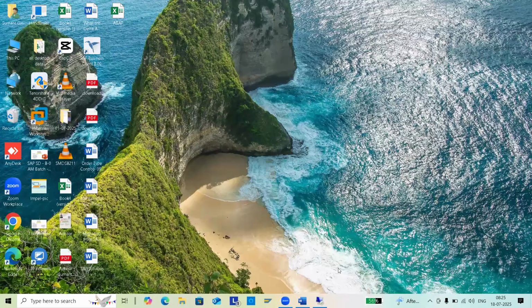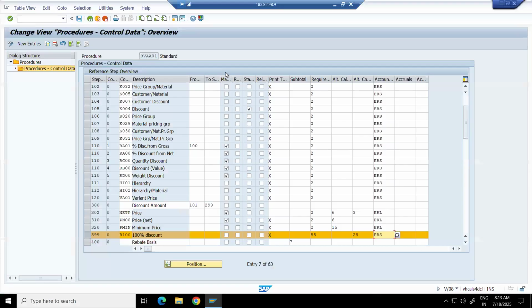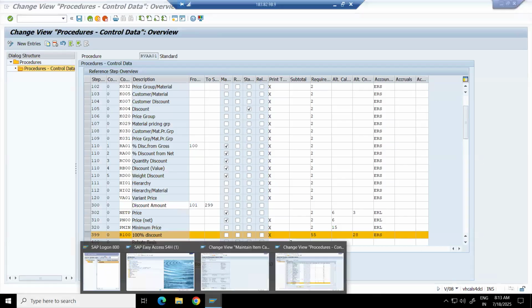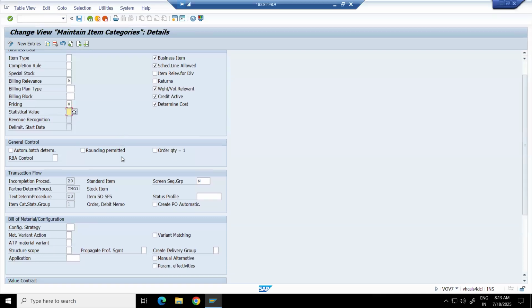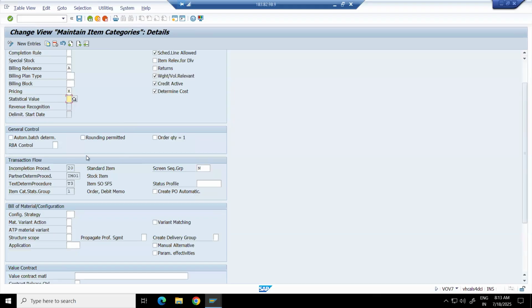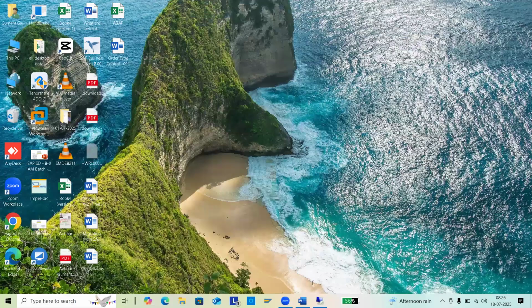Now what other important controls are there? Automatic batch determination.